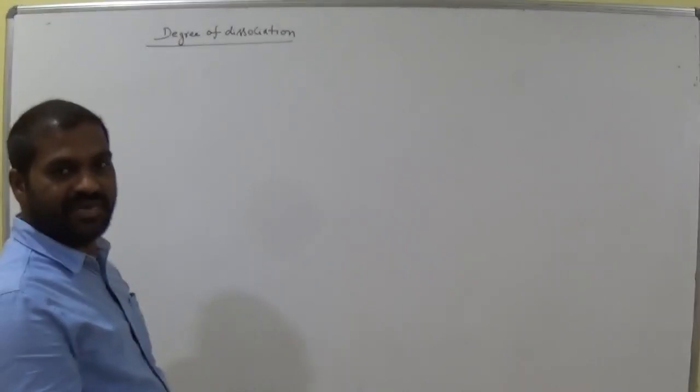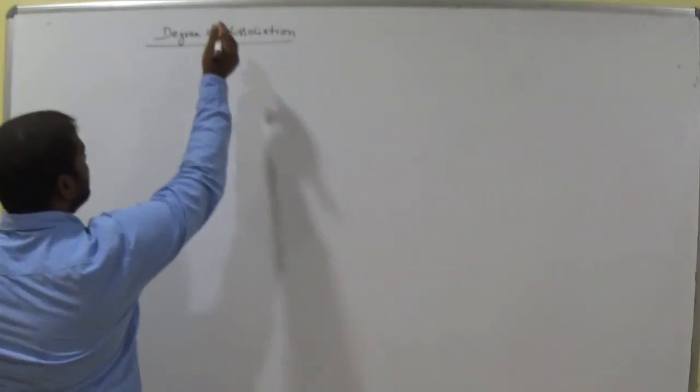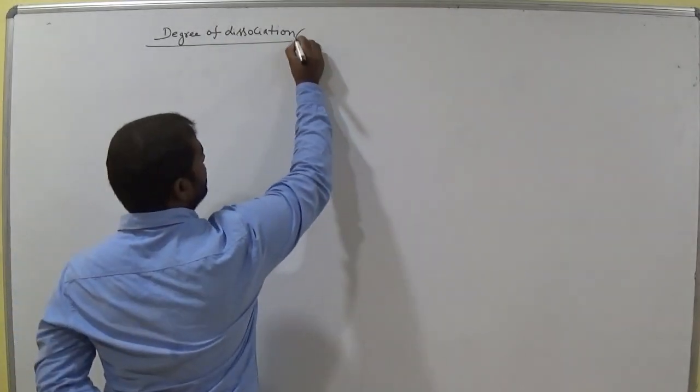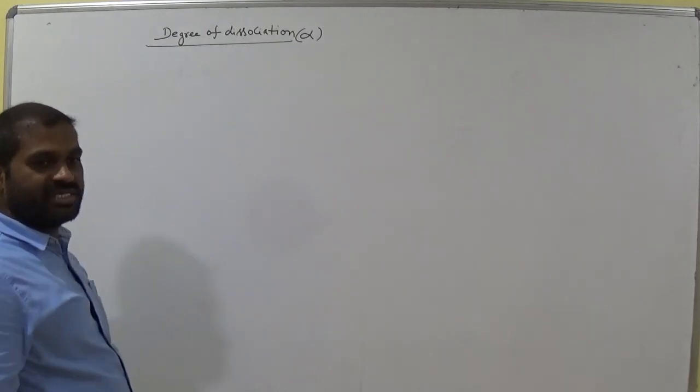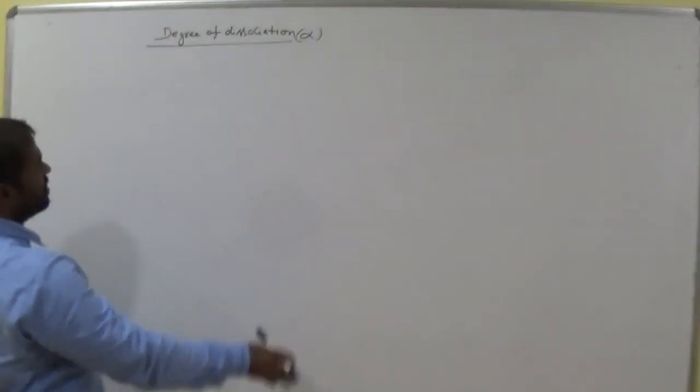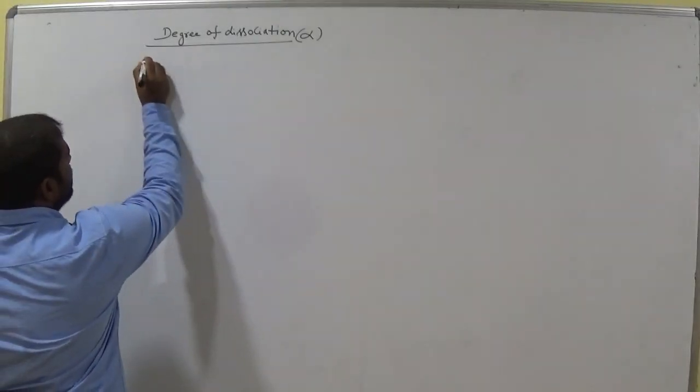That means how many moles decrease in the given compound. Remember this. Degree of dissociation is denoted mostly with alpha. That's your choice, like X or Y, whatever. So generally we represent degree of dissociation with alpha. Remember this. So what is meant by degree of dissociation?